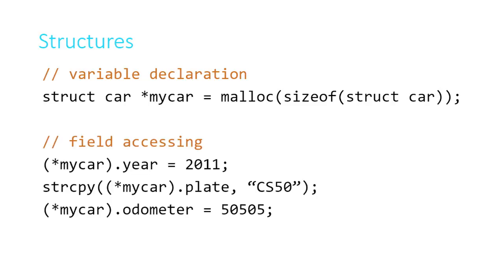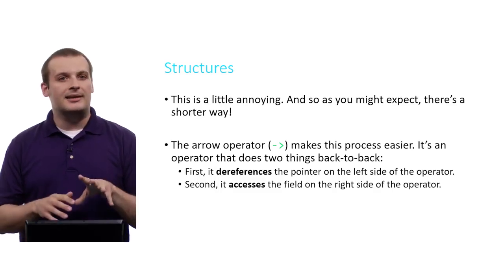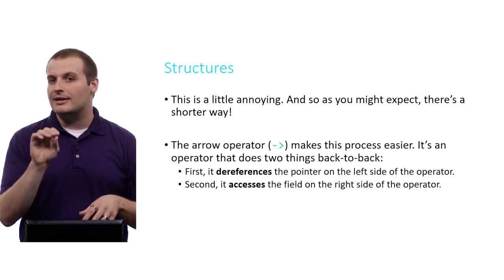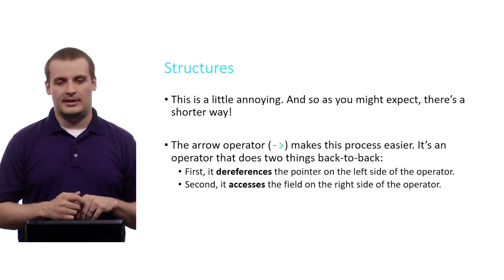And then I can access my fields by first dereferencing the pointer. And then once I've dereferenced the pointer, I can then use the dot operator to access the fields. Again, it's very similar to what we just saw, but the syntax here is a little cumbersome, right? Now we have extra parentheses, we have this star, we have this dot. Surely there's got to be an easier way. C programmers love for there to be easier ways to do things, and in fact, there is a shortcut for this.